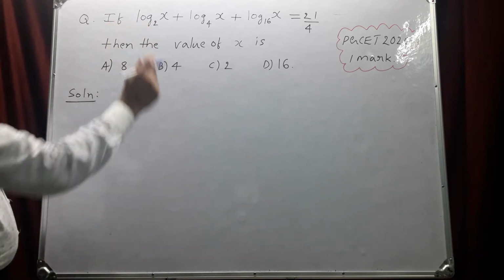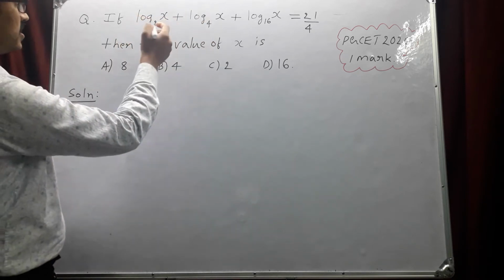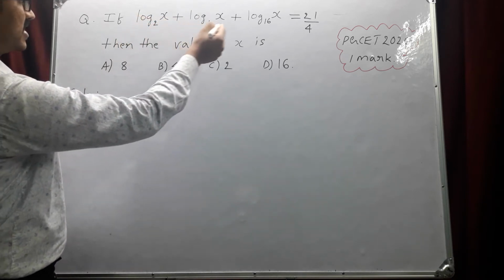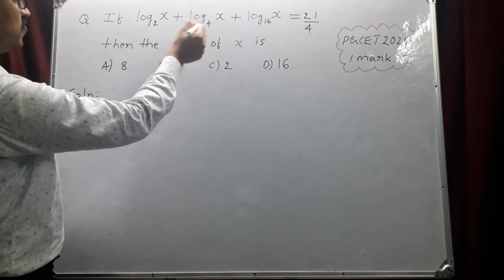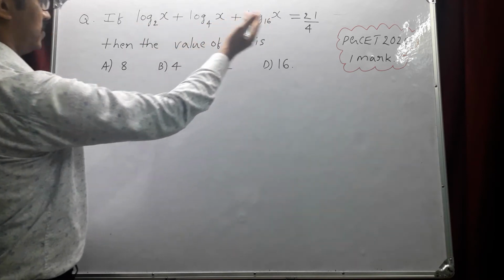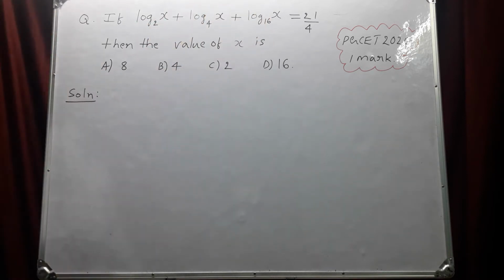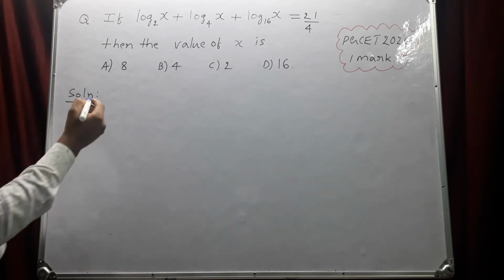So see here the given problem, we can see that the base is different. So here the base is 2, 4 and 16. So first we will convert everything into the same base.